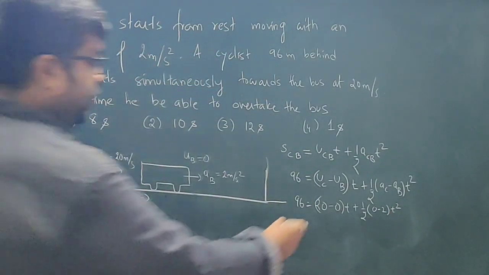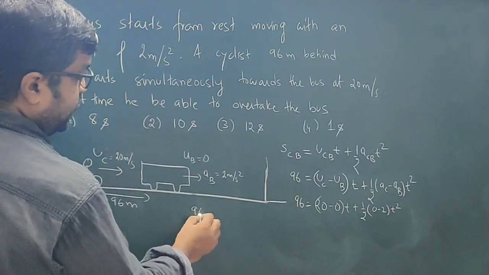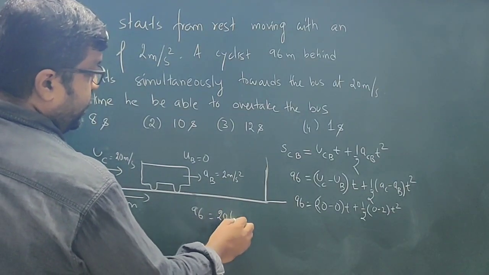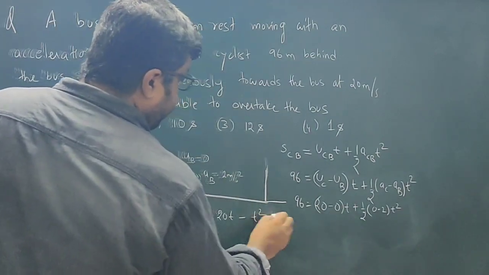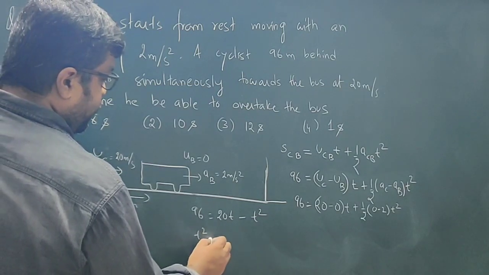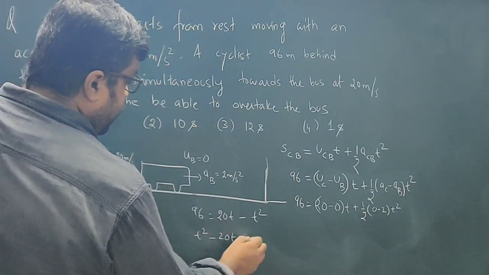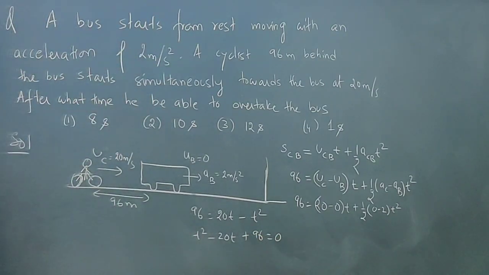Okay, so now we have this equation. 96 is equal to 20 t minus t square. So t square minus 20t plus 96 is equal to 0.